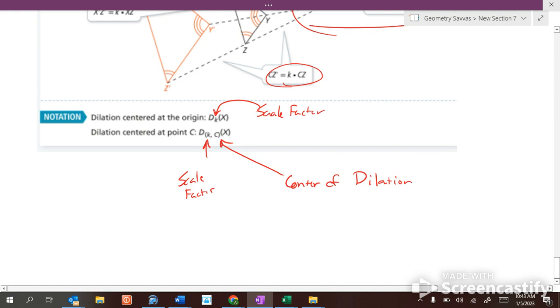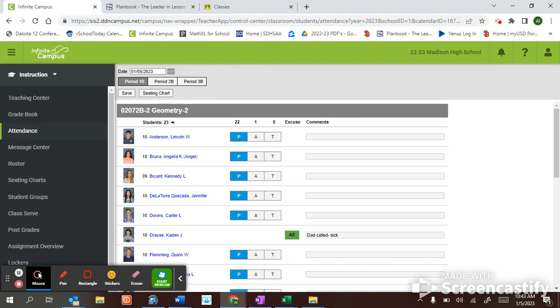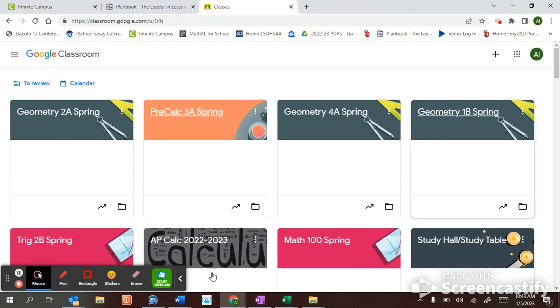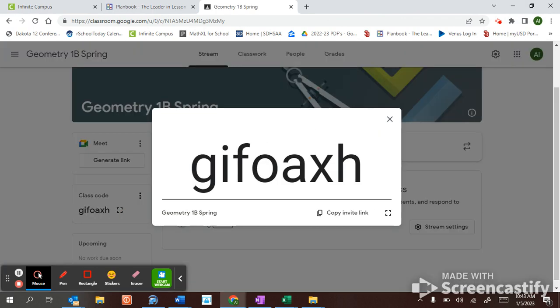Okay? All right. Get out your computers because we're all going to get into my Google Classroom. So we are 1B. This is your Google Classroom code, GIFOAXH.